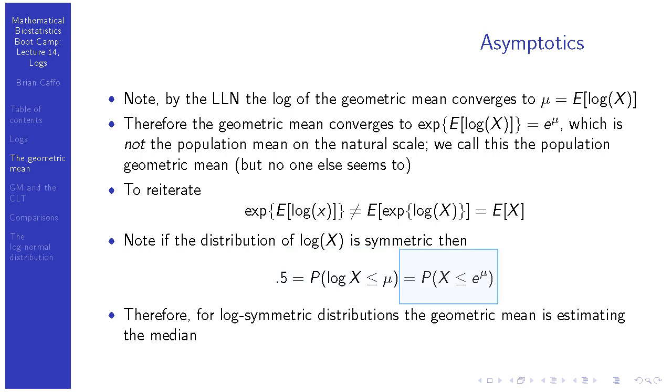But now on the interior of this probability statement, because everything's positive and because the e function is monotonic, we can take an exponent on both sides of this inequality and get that the probability that x on the natural scale is less than or equal to e to the mu is also 50%. So the conclusion is that for log symmetric distributions, the geometric mean is estimating the median.